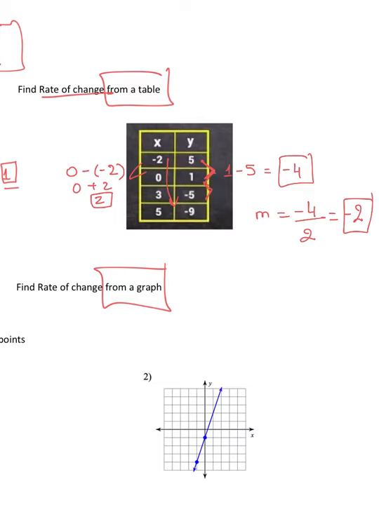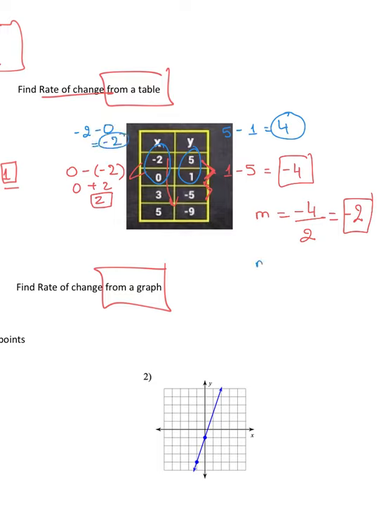Now, I took the bottom subtract the top. What if I do the top subtract the bottom? Let's see what happens. Let's do 5 minus 1 instead. I got 4. Circle it. For x, the top subtract the bottom, -2 minus 0, I got -2.